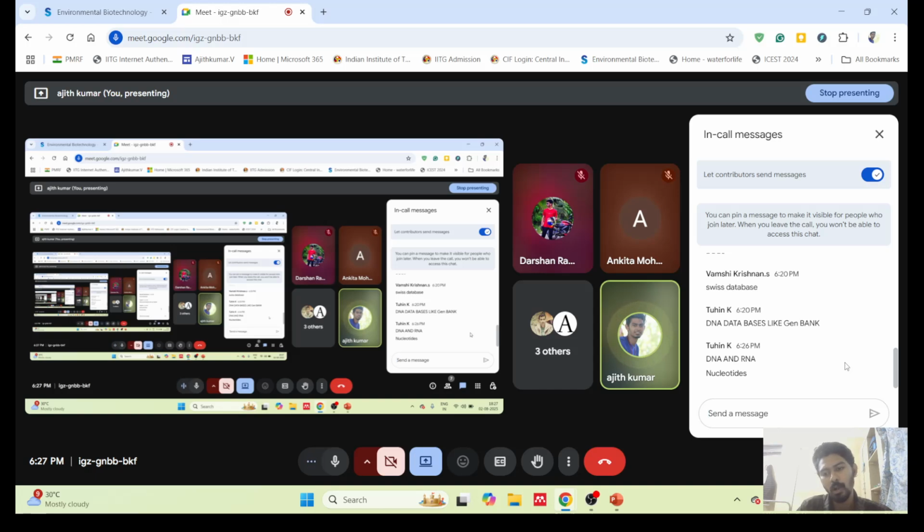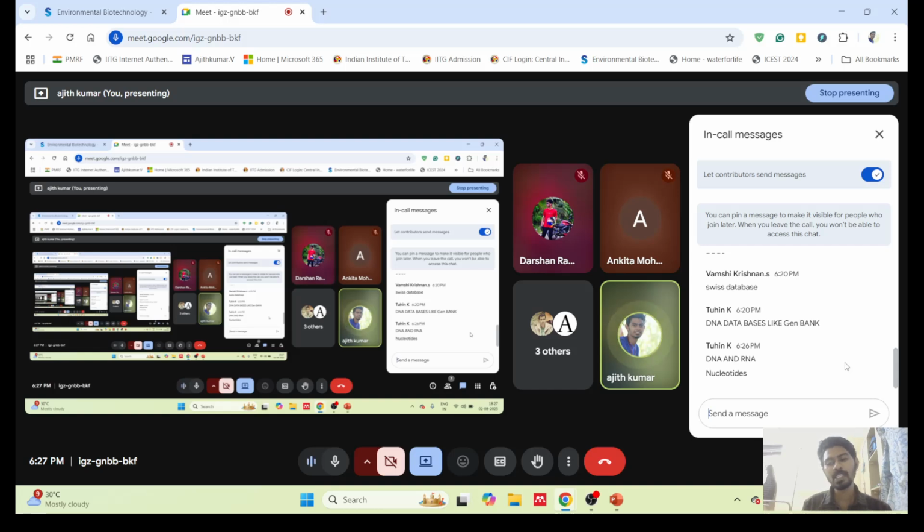What are the four components that are present? DNA consists of A, adenine, T, C, G, guanine, cytosine, right?